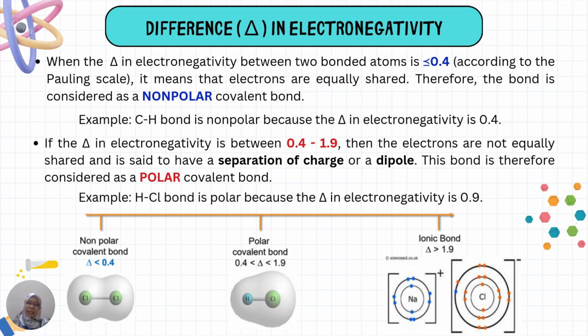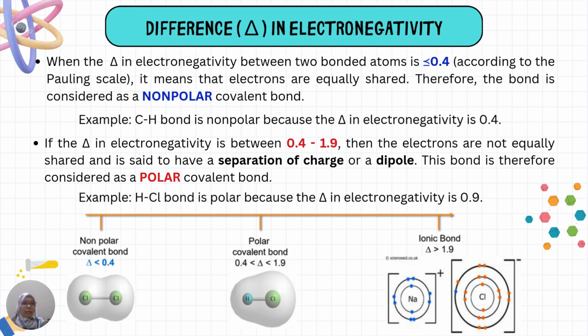When the difference in electronegativity between two bonded atoms is 0.4 or below, according to the Pauling scale, it means that the electrons are equally shared. Therefore, the bond is considered a non-polar covalent bond. For example, the C-H bond is considered non-polar.